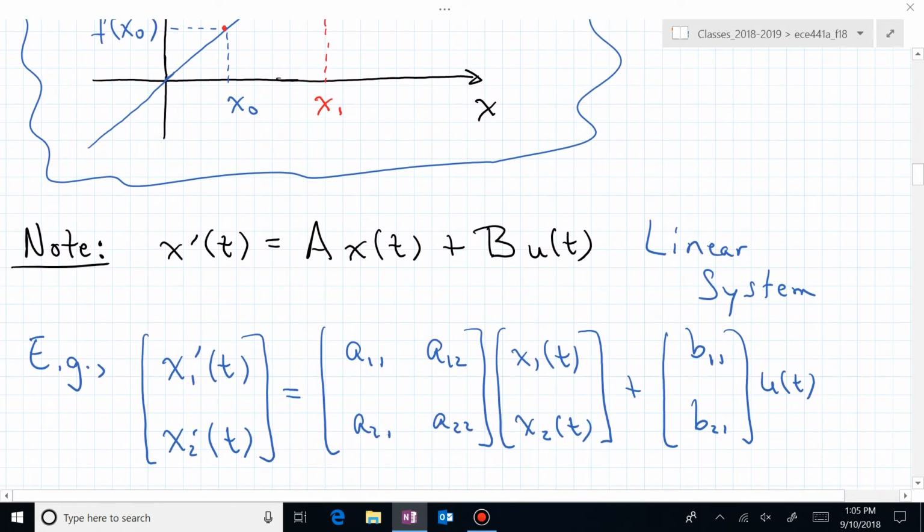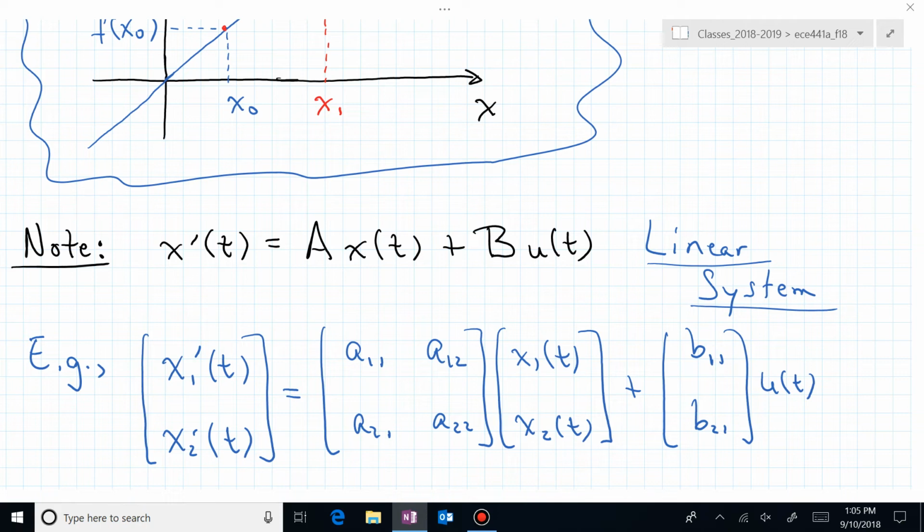Now, in what we've done so far in this class, we've already been focused on linear systems, and you can see that on the right-hand side. Instead of f of x and u, we're getting a little more specific with how we represent f on the right-hand side. In this case, it's a matrix times the state vector x plus another matrix times the input vector u.